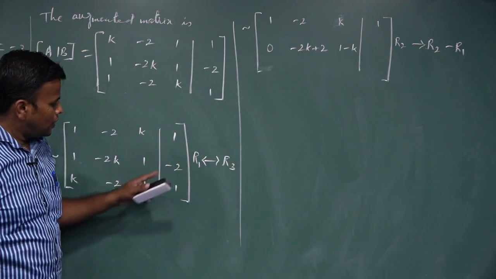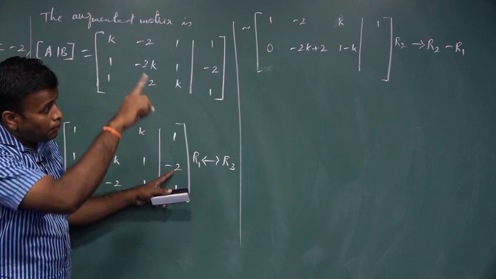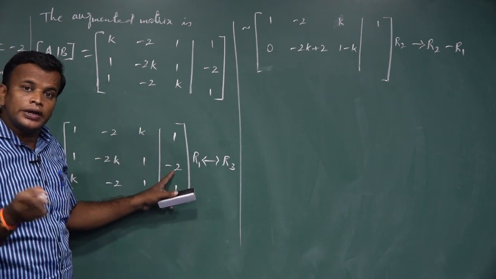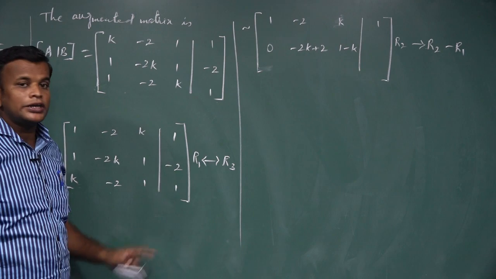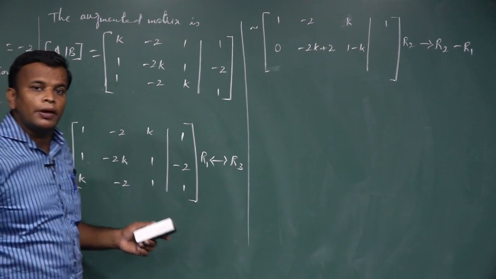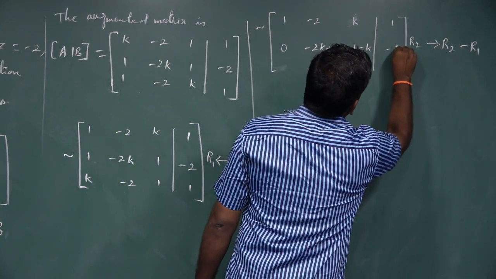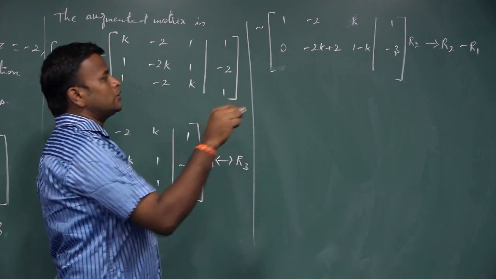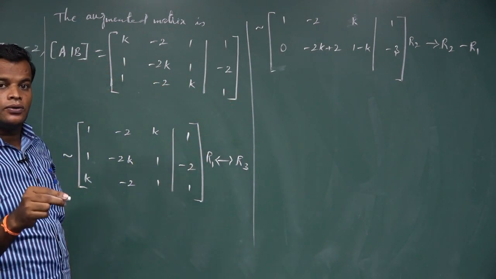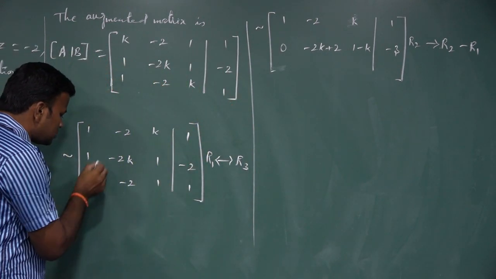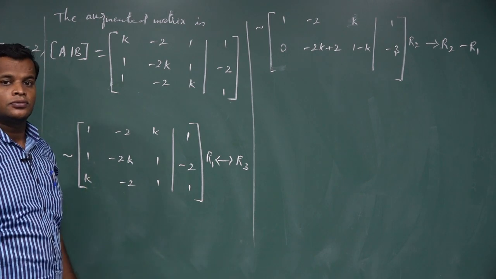Next one: minus 2 minus 1 is minus 3. So the second row is over.